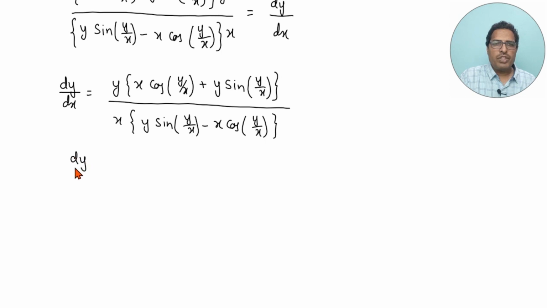If I take the differential equation in the form dy by dx equals f of x comma y, then this entire expression can be taken as f of x comma y.